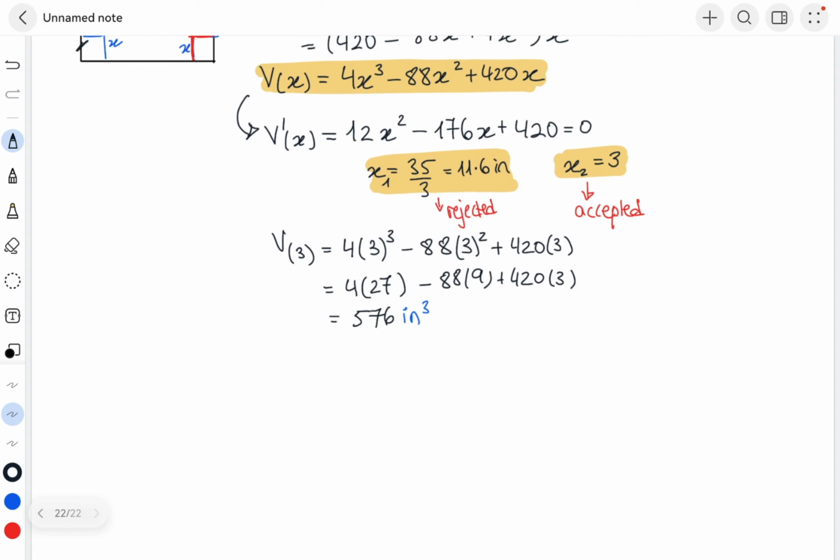So the maximum volume is 576 inches cubed when our x value is 3 inches, or whenever we cut a 3 by 3 square from each corner.